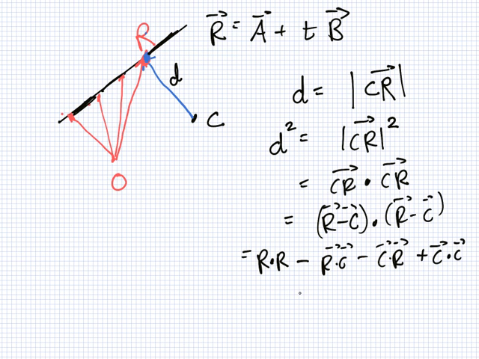Is that okay? Now that will equal OR squared. Where am I going with this? Minus 2 OC dot OR. Hang on, now I've screwed this up. Plus OC squared.